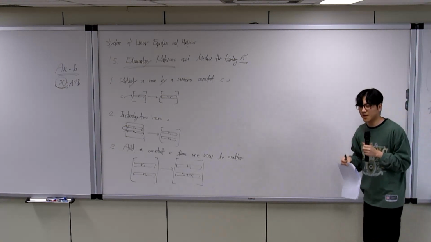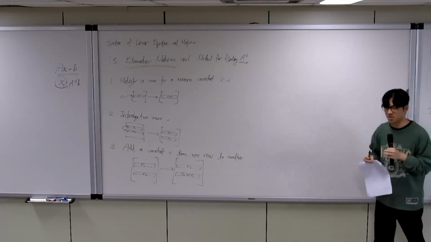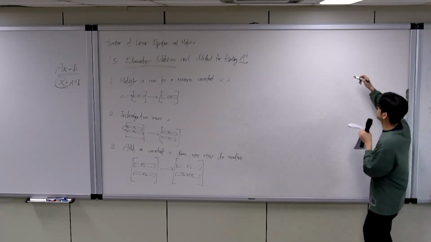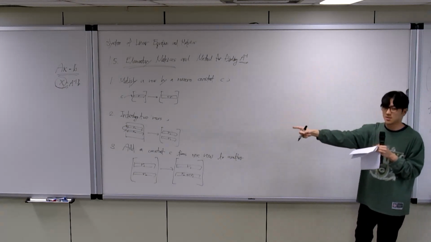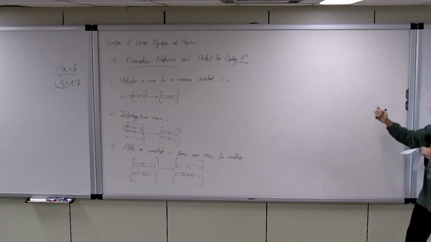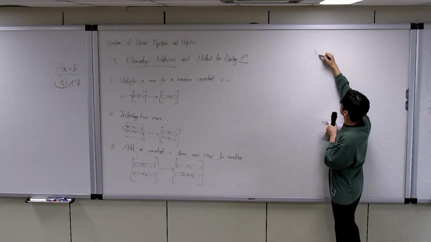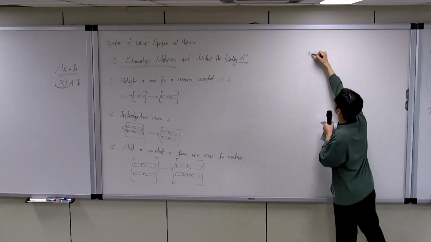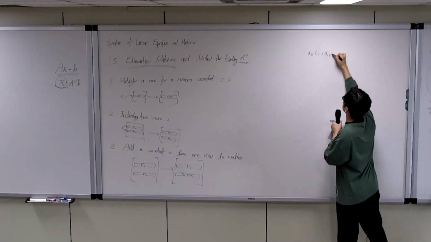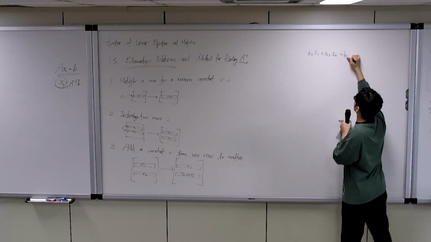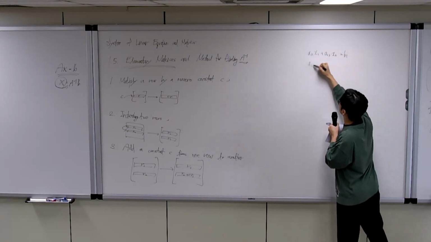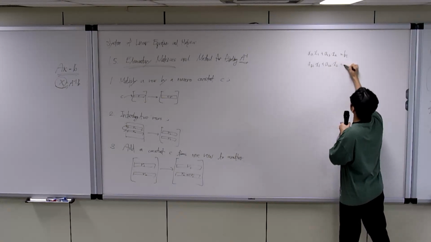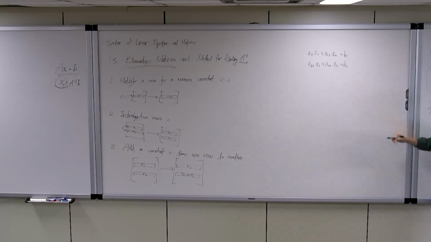It might be a different operation because we are considering the matrix as a linear system. Then the linear system has unknowns: a11 x1 plus a12 x2 equals b1. I will write just two linear equations.